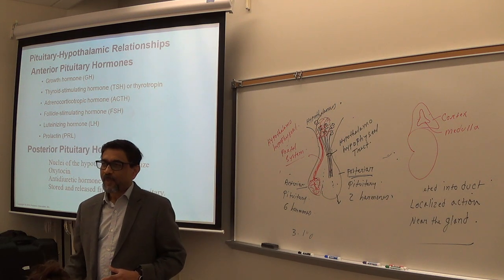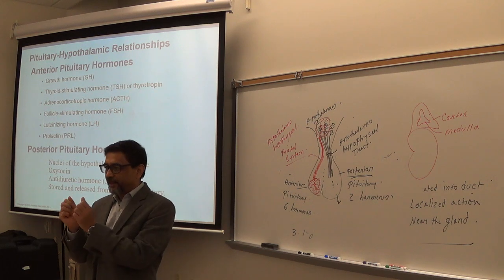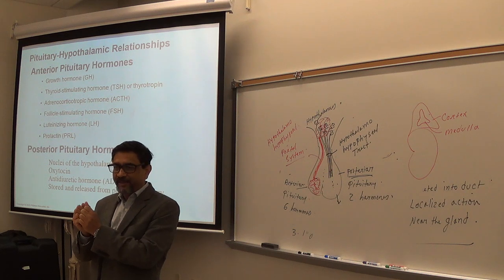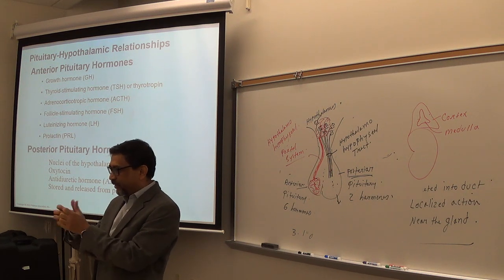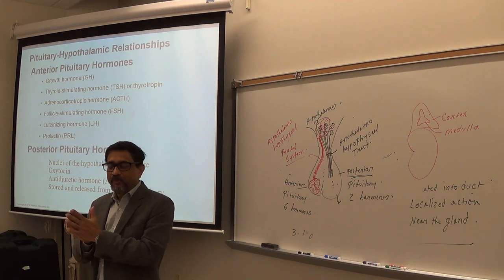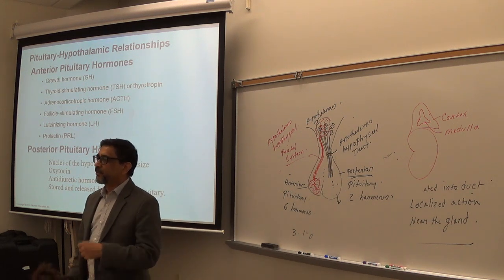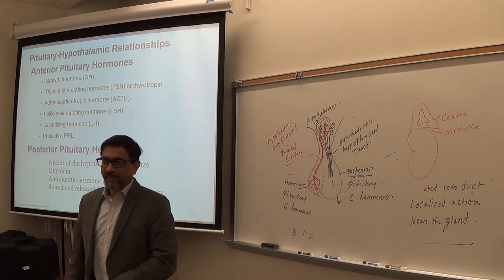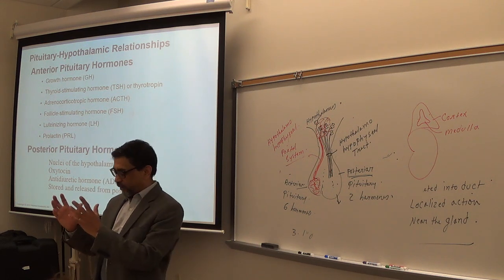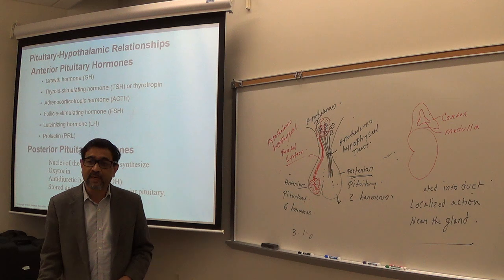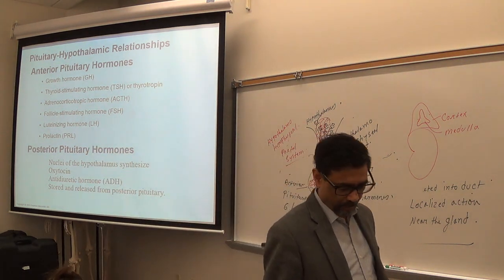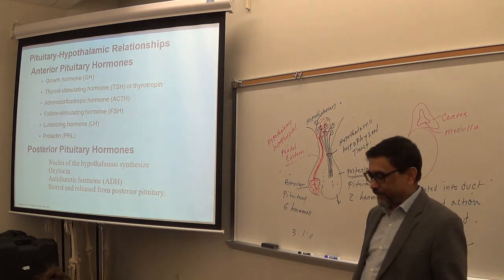Get it? When do you need uterine contraction? During childbirth, right? The uterus must contract very forcefully. So during that time, oxytocin is secreted a lot, and that causes the contraction of the uterus during labor or childbirth. So, it helps in childbirth.